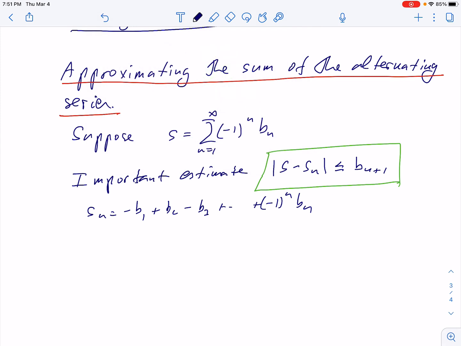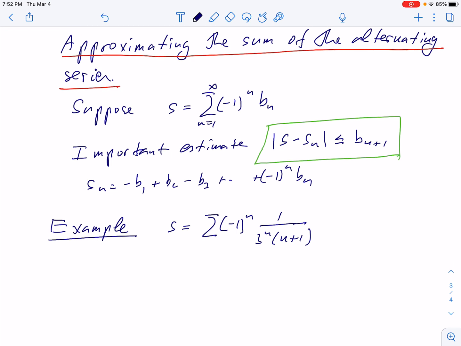And I want to show you how this estimate can be used to approximate the value of the series. Here is one example. Suppose we have this series. S is the sum from n equals 0 to infinity of negative 1 to the power n times 1 over 3 to the power n times n plus 1.